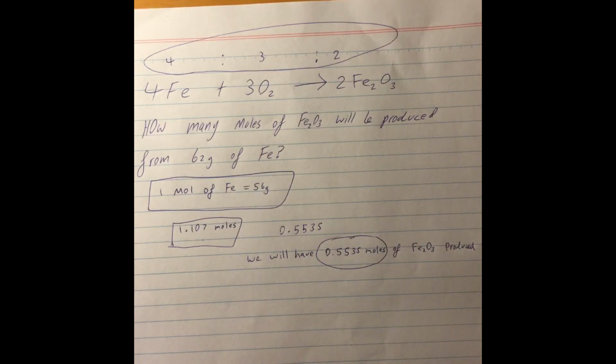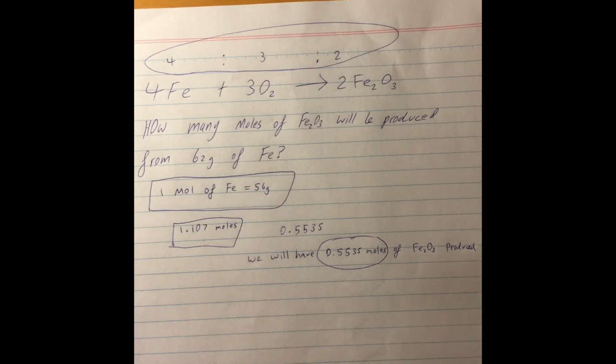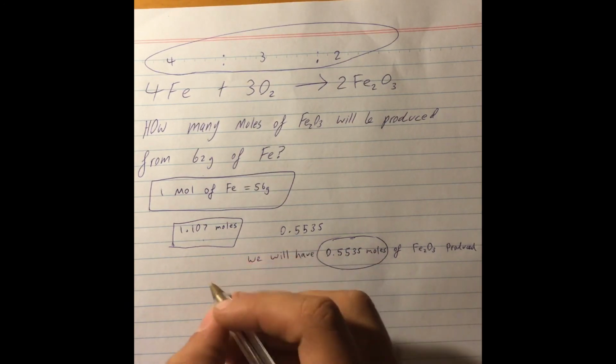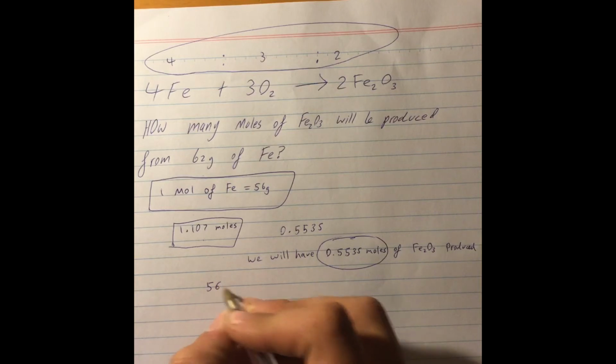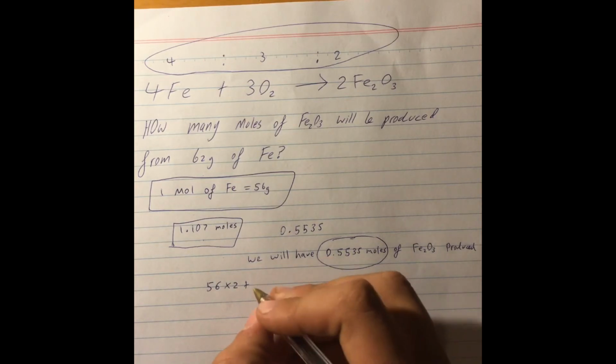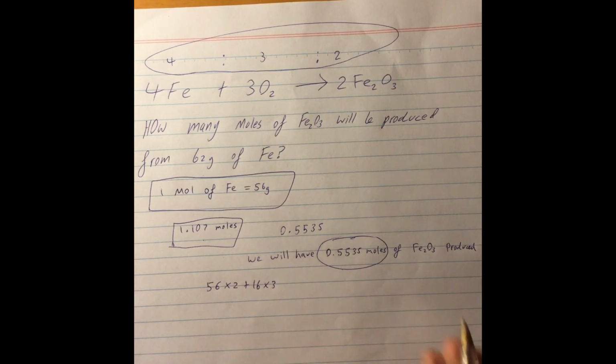So first what we're going to do is find out how much 1 mole is. We're going to do the same as we did with the iron. As I said, iron oxide has 2 iron atoms in it. It's 56 times 2, plus we've got 3 oxygens, and we have 16 grams for every mole of oxygen. So that's 16 times 3.